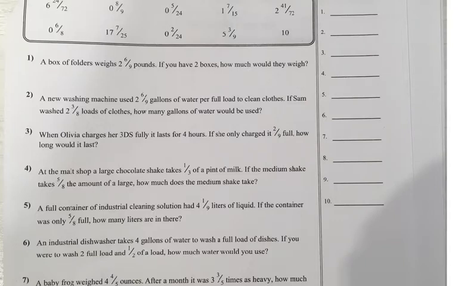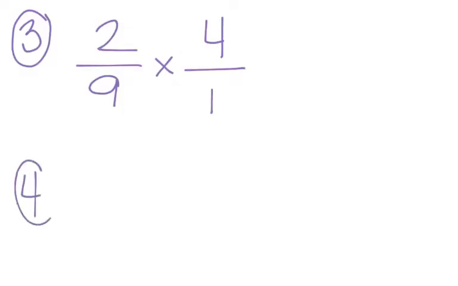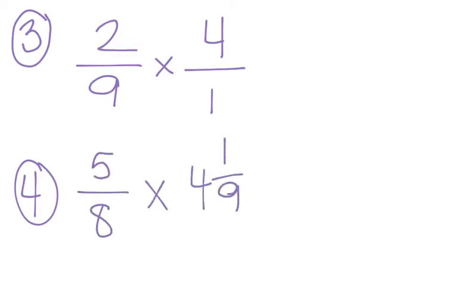If the container was only 5/8 full, how many liters are in there? Again, this is exactly like number 3. We have 5/8 of 4 1/9, because 4 1/9 is the full container, and you have 5/8 of that full container. I'm sorry, that's number 5, not number 4.